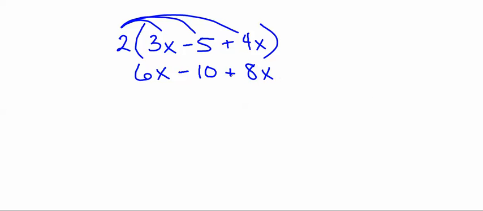Now, you guys remember the phrase combining like terms? How many terms are in here? There's 3 terms. How many constants? 1 constant. When you're combining like terms, well, the 6x and the 8x are like terms. All right, they both have an x in them. So you can add those 2 together, can't you? 6x and 8x is 14x, and minus 10.